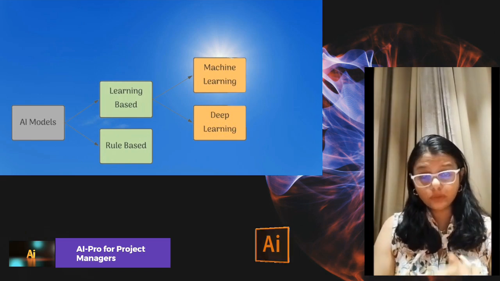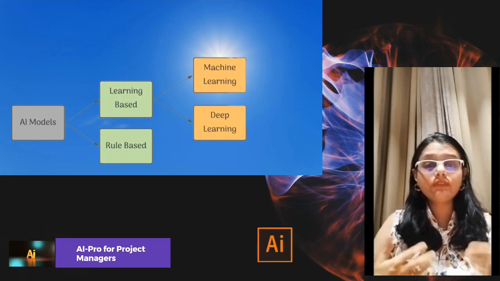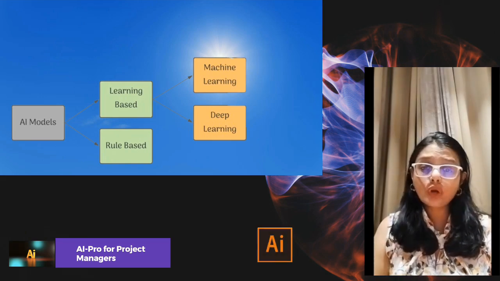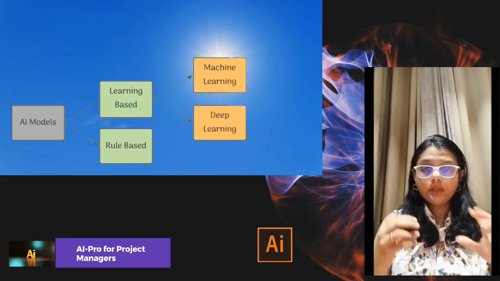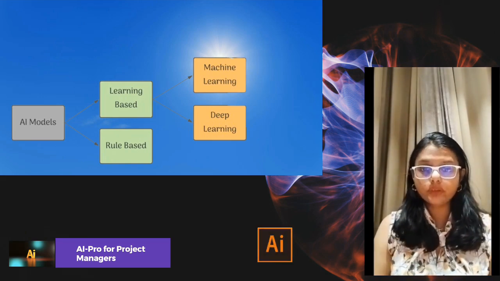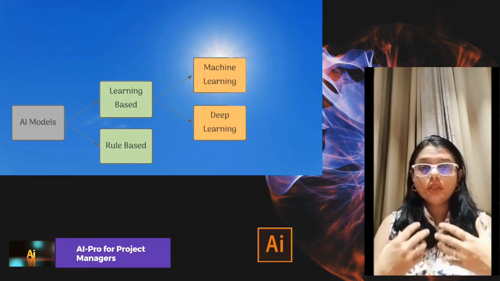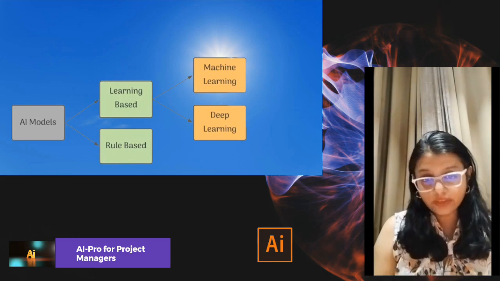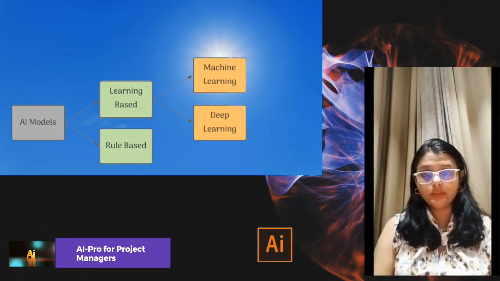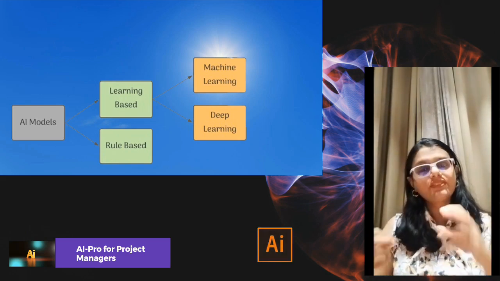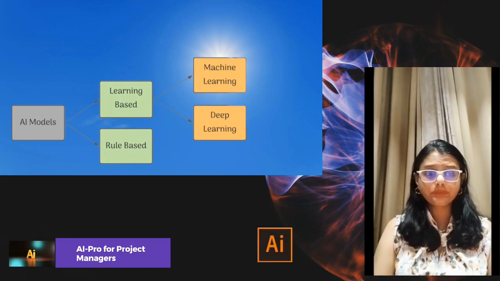Learning based algorithms are the ones who self-train themselves. You do not need a developer behind the scenes in order to inform the data sets or the data model, to provide a set of instructions to them. It self-learns based on the data that is fed into the system.